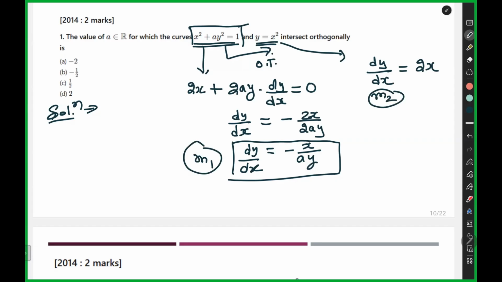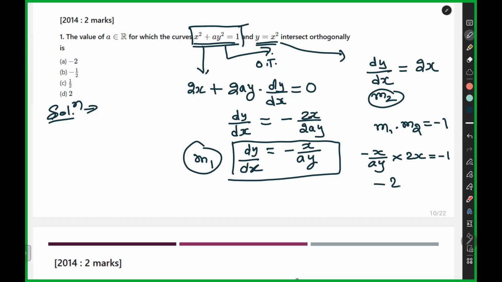If I say so, what is m1 multiplied by m2? It is minus 1. So here it is minus x upon ay into 2x is minus 1.